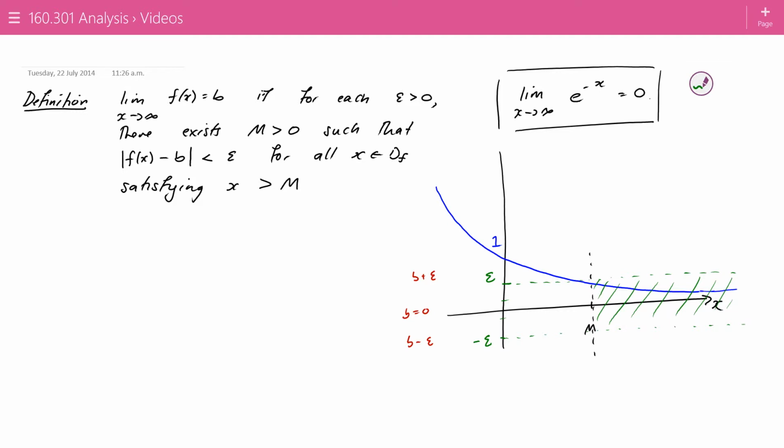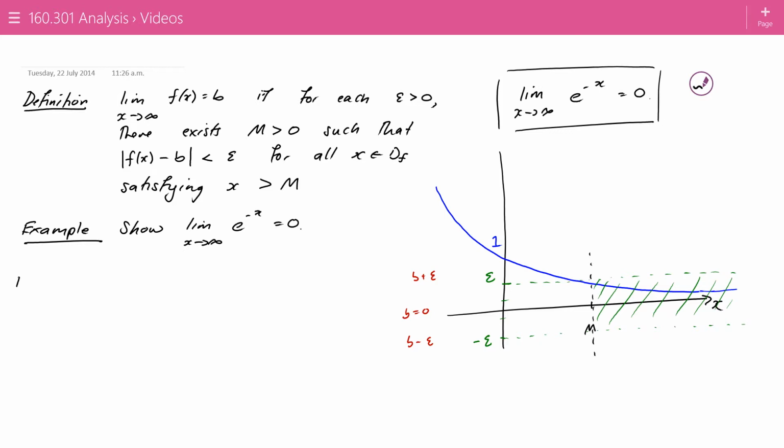So to solve the problem, let's just lay it out in full. Example: show that the limit as x tends to infinity of e to the minus x is equal to 0.